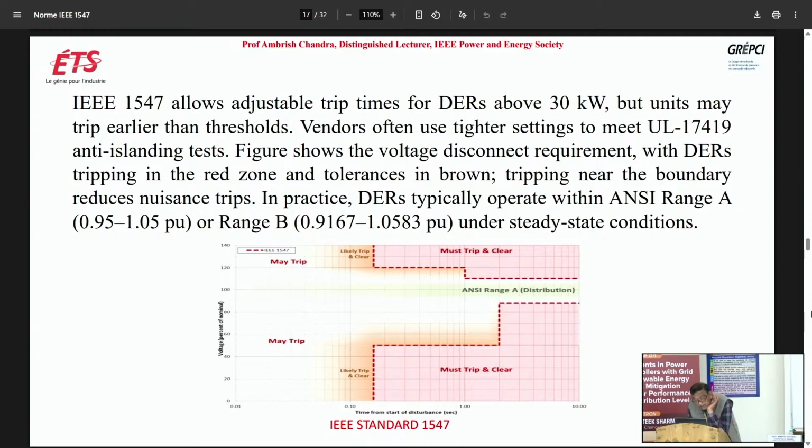And they may remain connected in this region also, but if they want to trip, they can trip. And this is very fluid, this may be tricky. So basically, they should operate most of the time in this region. But you should see the timing. The timing for this, 0.16 second, means 160 milliseconds. This is what we saw, 160 milliseconds, right? And here see the timing and the voltage requirement.